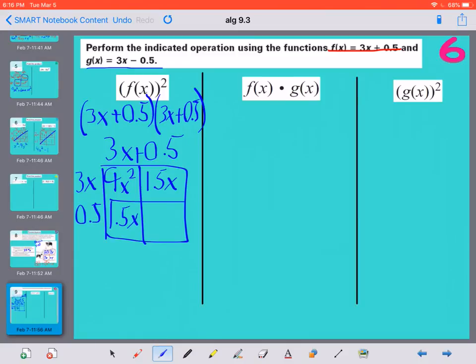And then 0.5 times 0.5 gives me 0.25. So here I can add 1.5x and 1.5x. So we get 9x squared plus 3x plus 0.25.